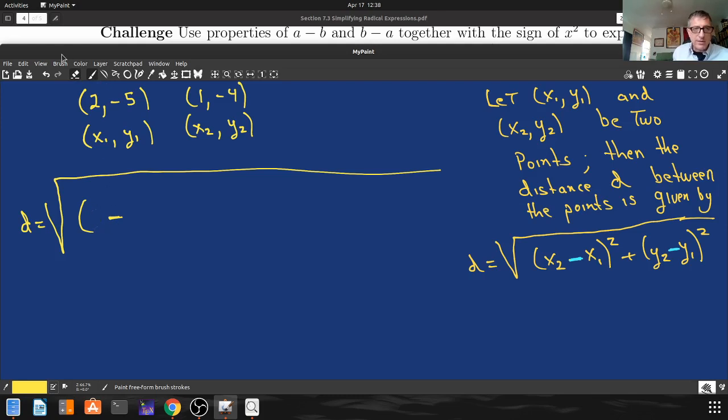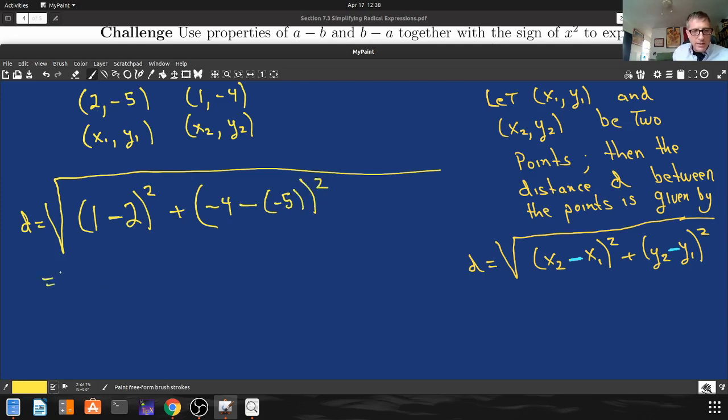It doesn't really matter. So let's do it. x2 is 1 minus x1, which is 2. I'm going to square that. Plus now y2, which is minus 4, minus y1, which is minus 5. It has to bring its negative with it.